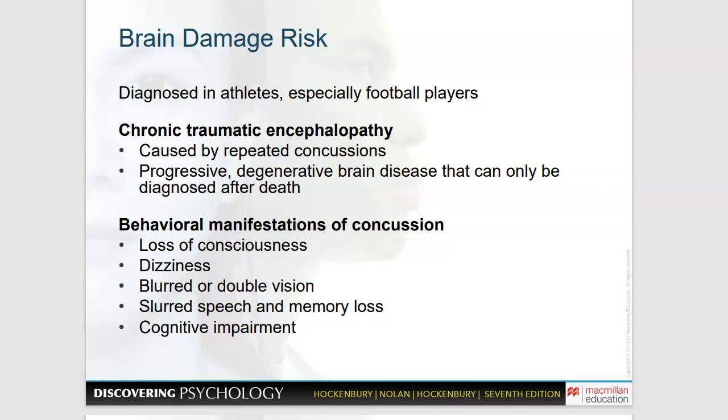The next tool of discovery is called magnetic resonance imaging, which we've typically heard referred to as an MRI. An MRI is going to be used in situations where a person may have gotten into an accident.